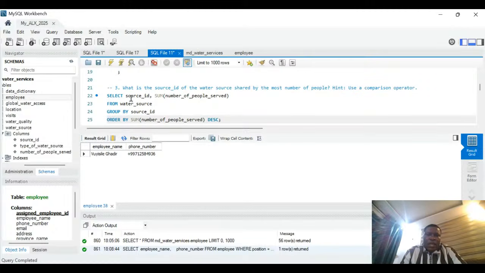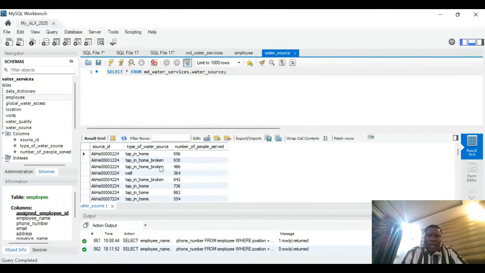Let's look at our query as I've written it here. We are looking for the source ID and the number of people served. But the various source IDs are spread over, some were visited a couple of times. Let me open that table so that we see what I'm talking about.